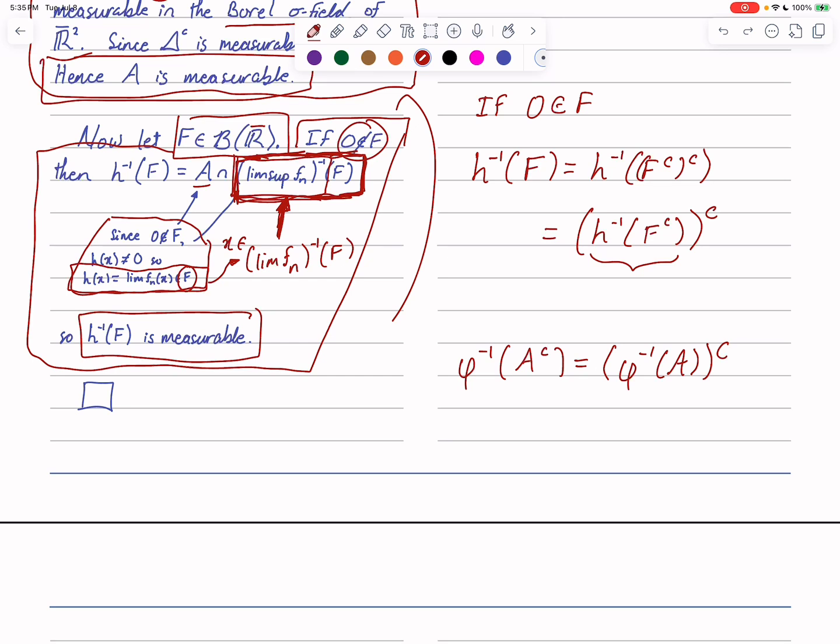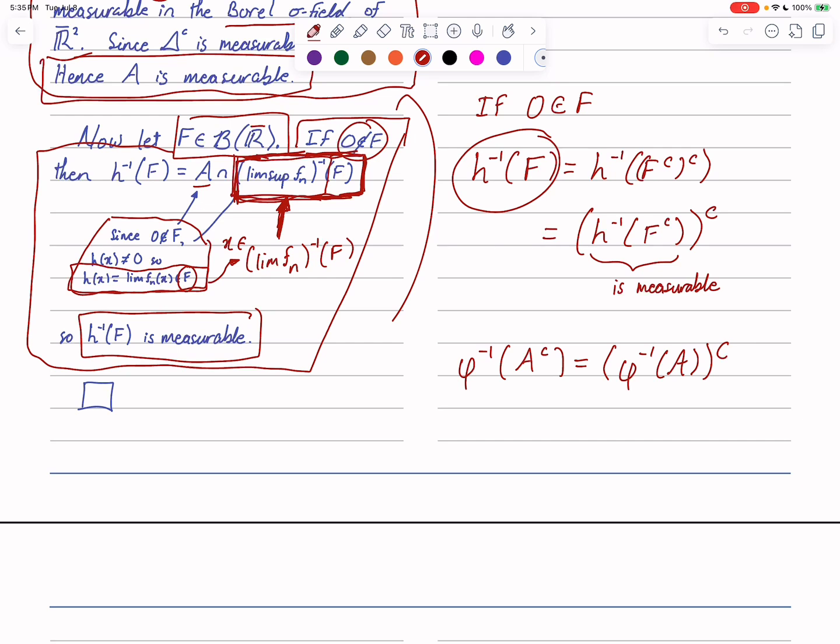It does not contain 0, because if F does contain 0, then F complement does not. And so from the earlier part of this proof, this is measurable. And therefore the complement of a measurable set is measurable, so we have that this is measurable.